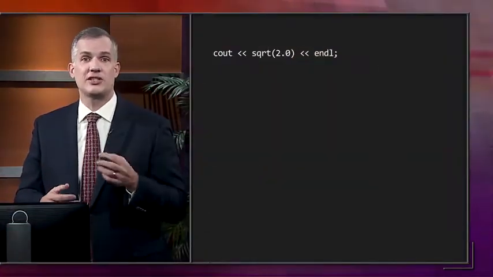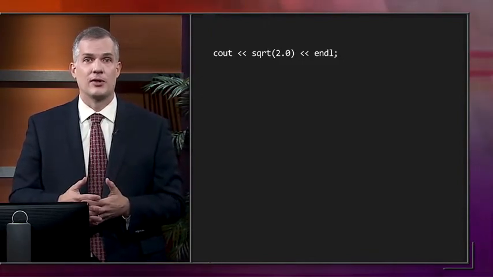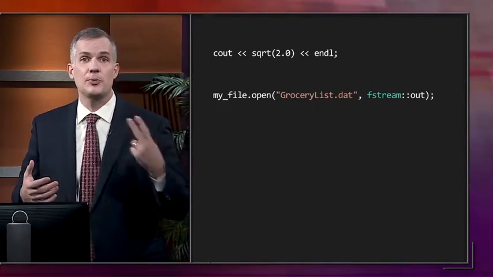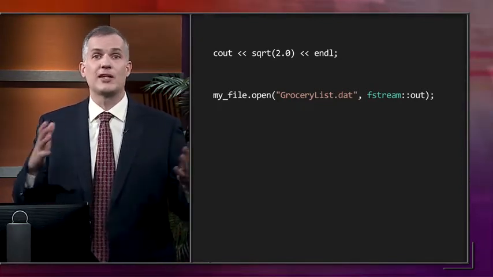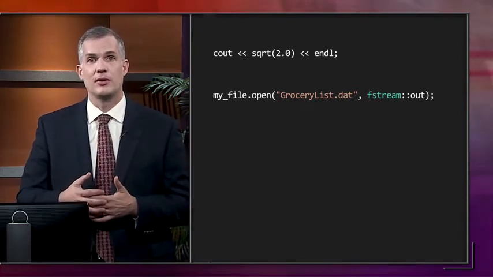Now, we've used functions that take one parameter, or more than one parameter, or even no parameters. The square root function takes one parameter, the number value that we want to find the square root of. The open function that we use for files usually takes two parameters, one string giving the file name, and one string giving the way we want to work with the file.